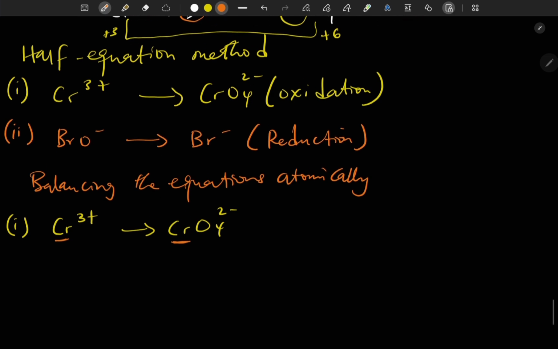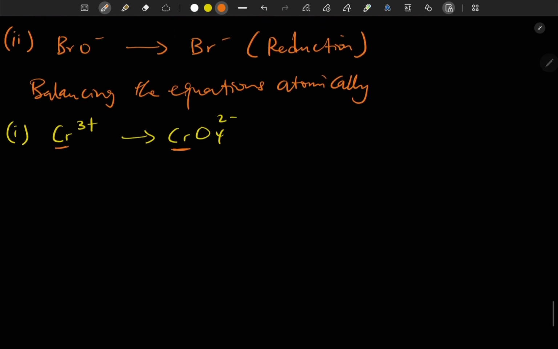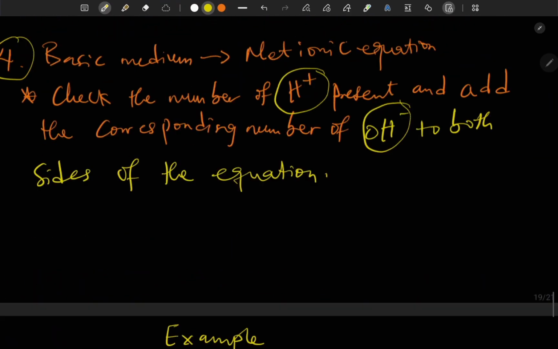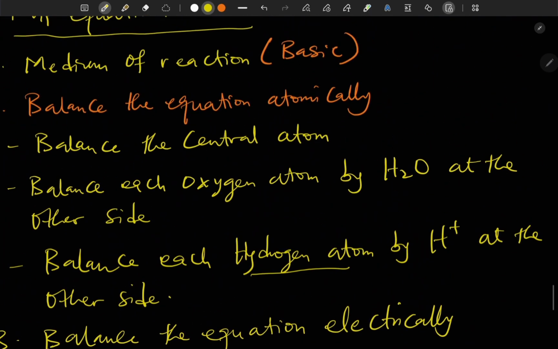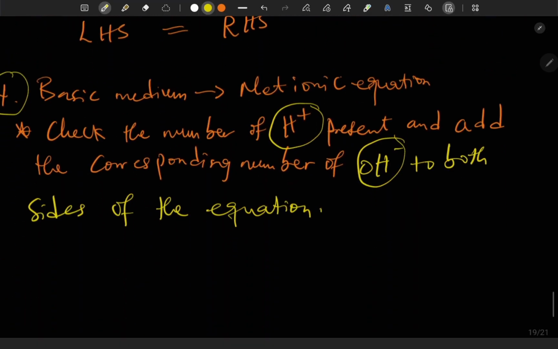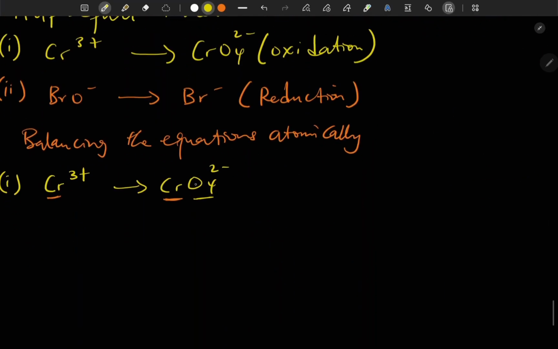So let's balance the oxygen atom. Here we have 4 atoms of oxygen. Remember that the rule says balance each oxygen atom by H2O at the other side. So we are going to add 4 H2O to the other side, which means the equation will become Cr3+ plus 4 H2O gives CrO4 2-.